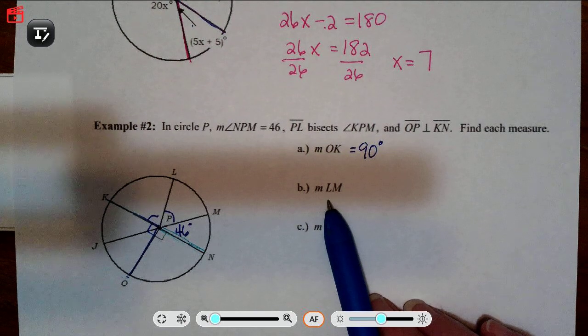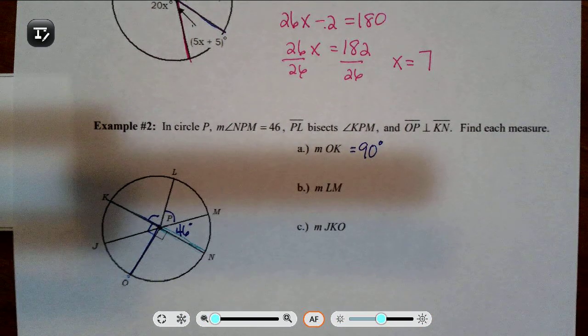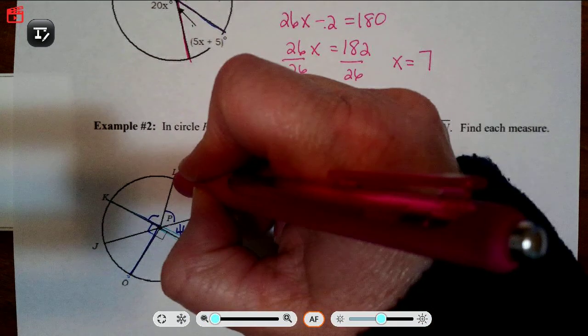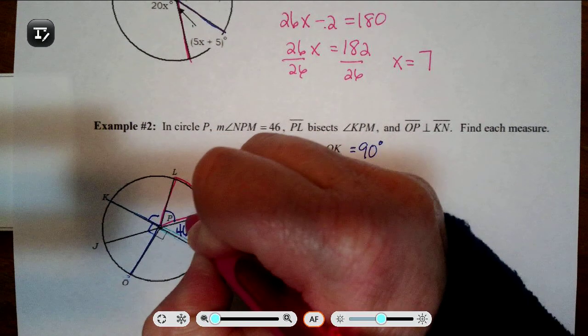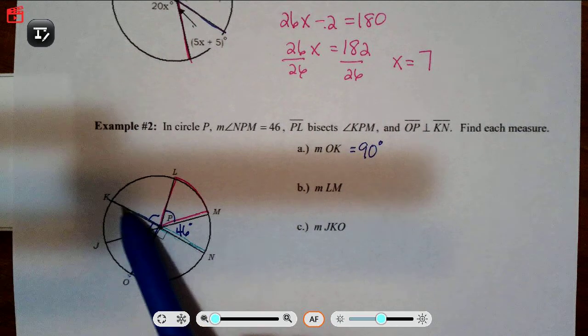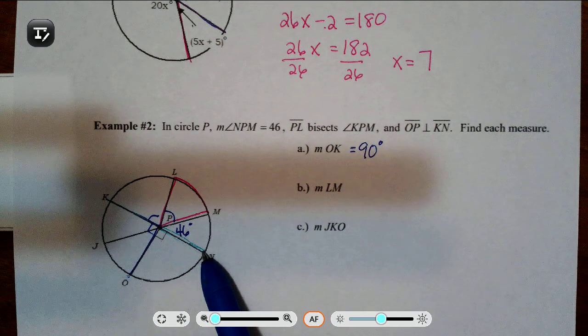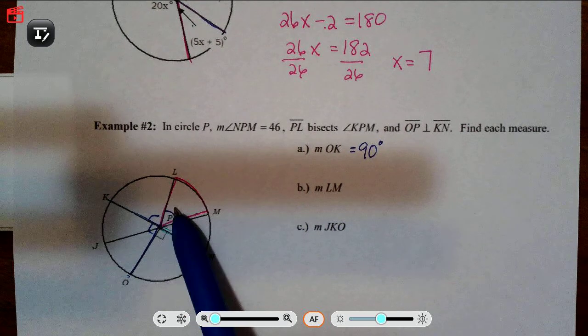I want to find the measurement of LM. LM is right here, so I want to find this angle measure now. This pink little wedge is the one I'm looking for. Again, I know that this is 180. I have 46, and I know that these two are congruent.